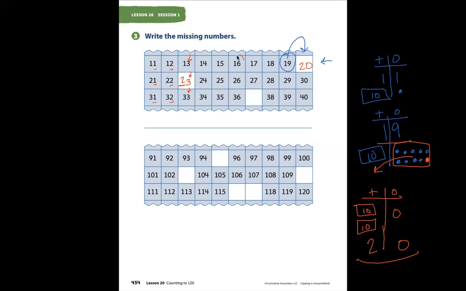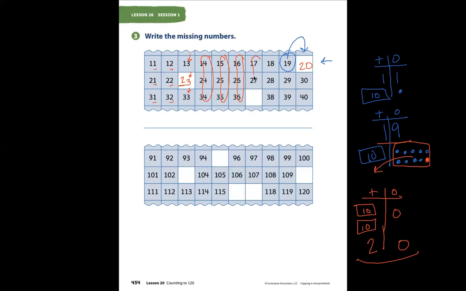Look at these patterns. All of these in the ones place are the same. They all have 6s. But the tens go 1, 2, 3. Look at here. 4 in the ones place, 5 in the ones place, 6 in the ones place.